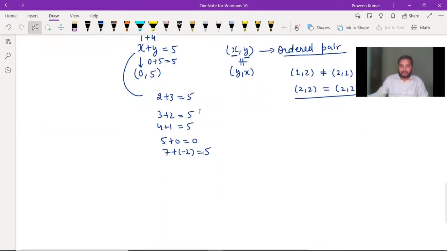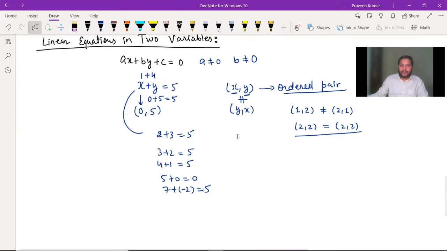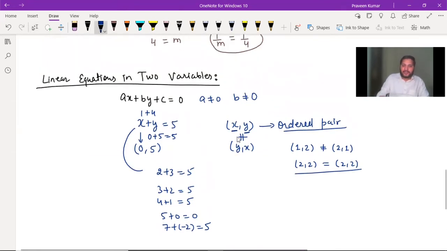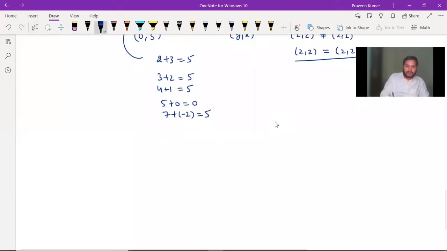So now let us try to plot a linear equation in two variables on the graph. Take an equation like 2x plus 3y is equal to 6. For simplicity, to get the values of x and y, can I just plug in x is equal to 0?